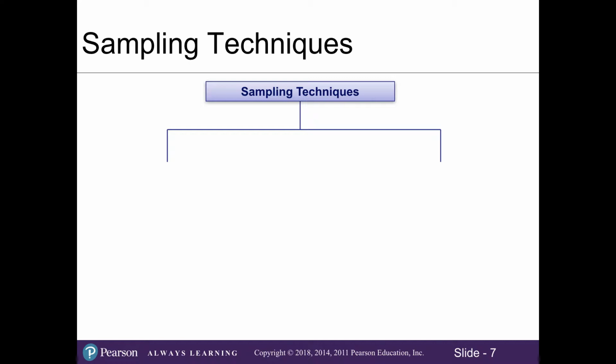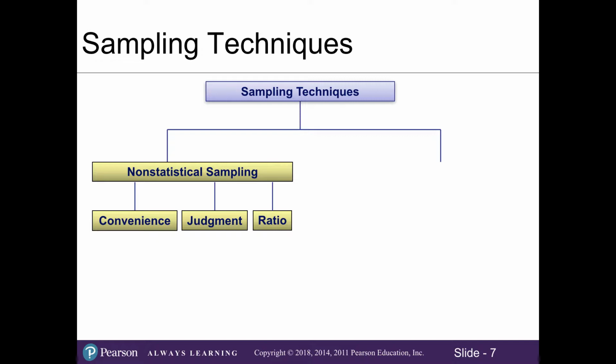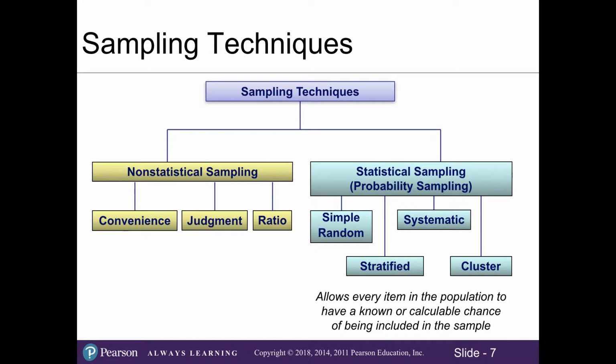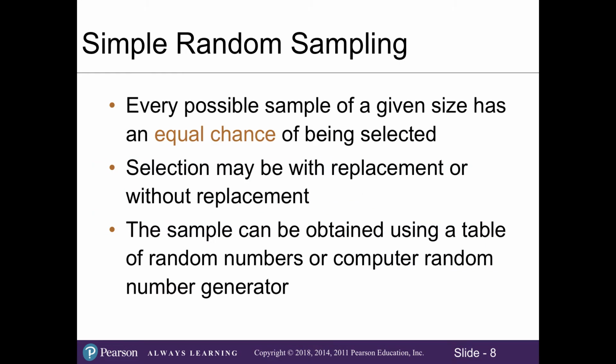This leads us to looking at our different sampling techniques. There are non-statistical sampling processes which use convenience, judgment, or other non-chance processes. Whereas you have statistical sampling, where these methods use selection techniques based on chance. Simple random sampling is a very commonly used sampling technique.